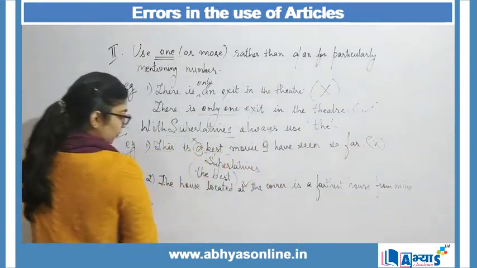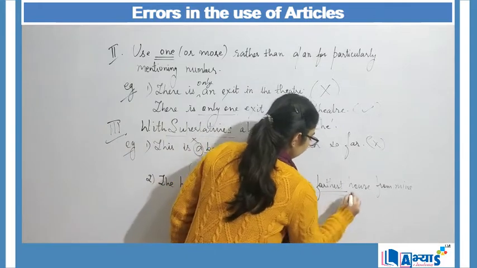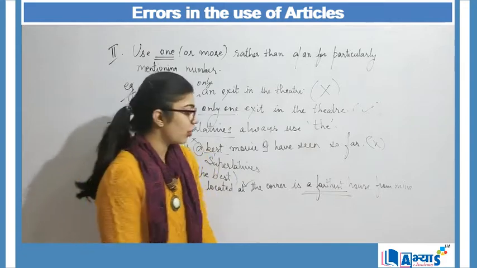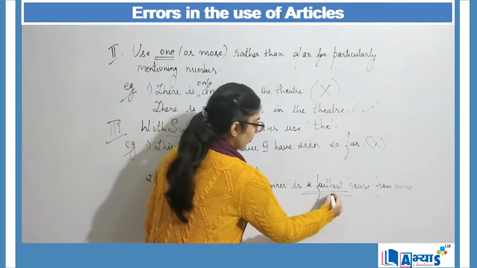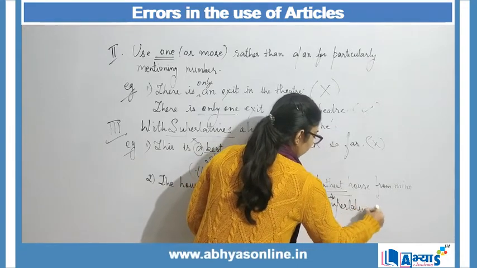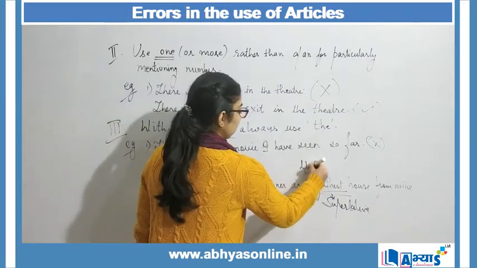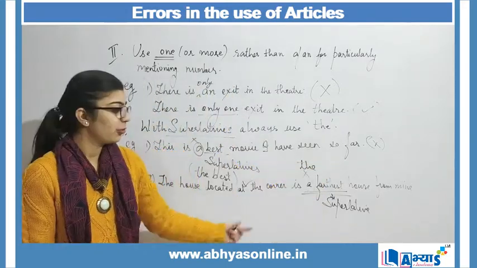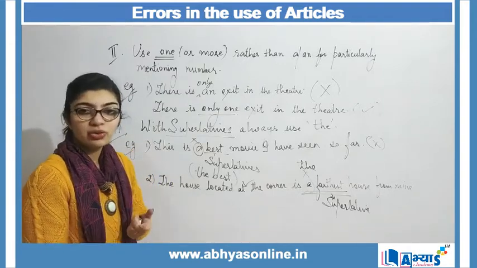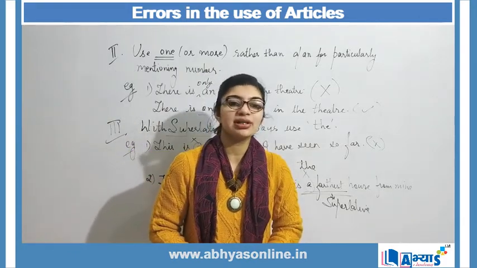When I say the house located at the corner is a farthest, now "est" I know is the superlative form of "far". So "farthest" over here is my superlative, and with a superlative we do not make use of "a". Instead we will say the farthest house from mine, which will make my sentence correct. So this is another area where people can go wrong, but if we consider the rule, then we will never make such mistakes.